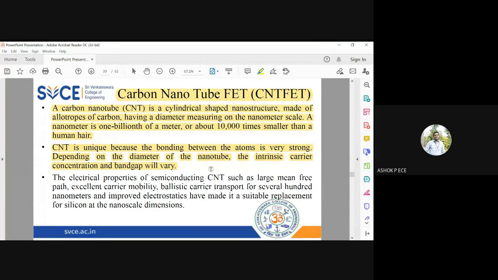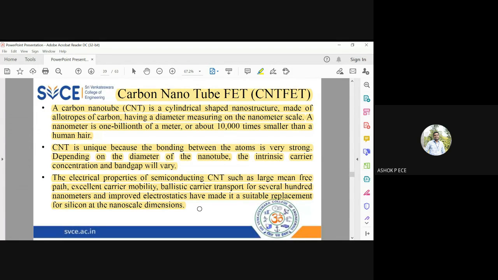Okay, so the electrical properties of semiconducting CNT, such as the mean free path, excellent carrier mobility, carrier transport for several hundred nanometers, and improved electrostatics have made it a suitable replacement for silicon at nanoscale. When people started using silicon at nanometer dimension, they had a lot of issues because fabricating silicon was very difficult and the mobility and other parameters were not up to the mark.